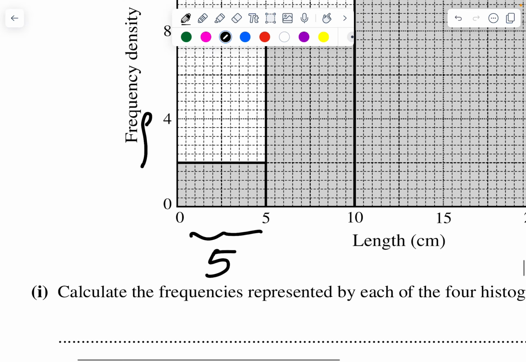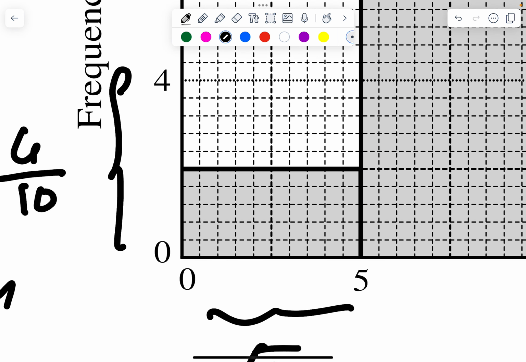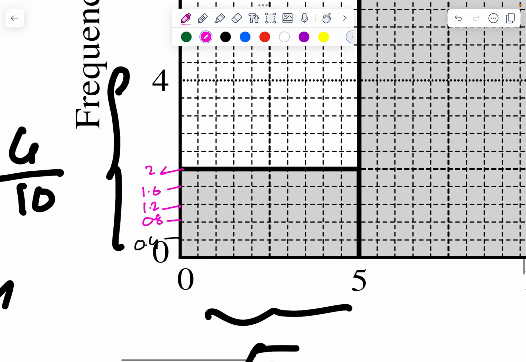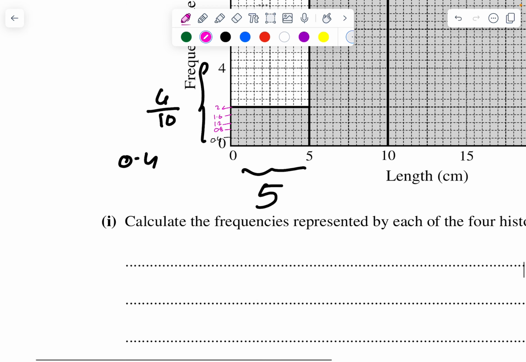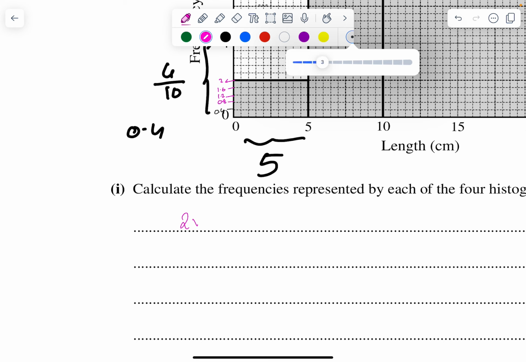This is 4, and how many parts are there? 10 parts, so 0.4. So each line has to be 0.4: 0.4, 0.8, 1.2, 1.6, and this is 2. So it's going to be 2 times 5.